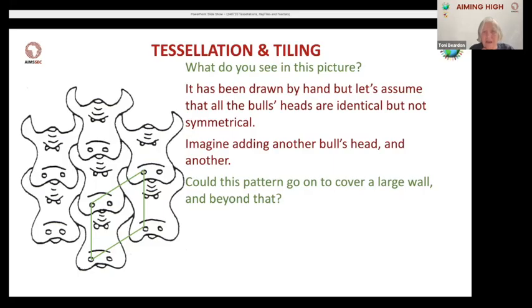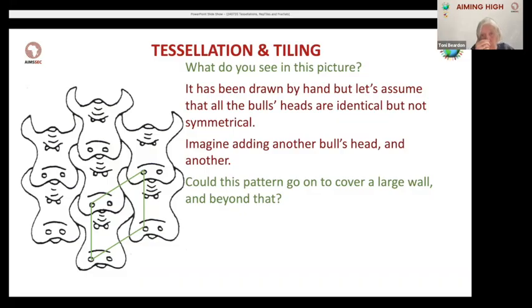Imagine adding another bull's head and another one. Above the horns at the top, could you fit in the cheeks and the mouth and the tongue of another bull on the top of each one? Could you spread out? So could this be an infinite pattern that goes on forever and ever of these bulls' heads?